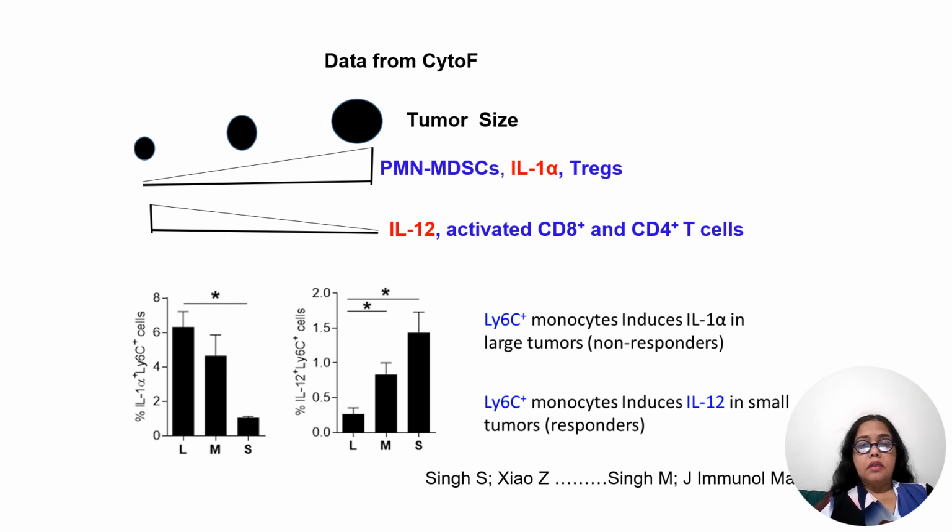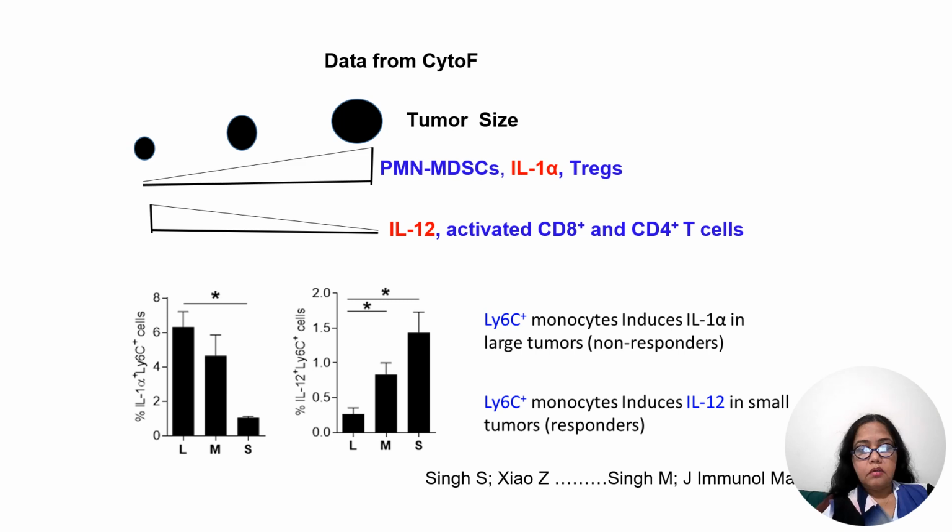And in Ly6C cells, so Ly6C monocytes induce interleukin 1 alpha in large tumor, and the same kind of cells, I mean the Ly6C positive monocyte induce interleukin 12 in a small tumor.